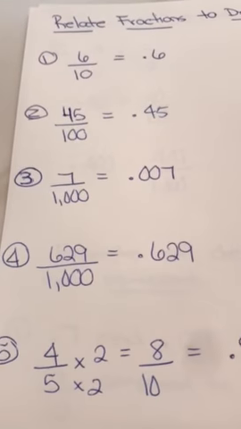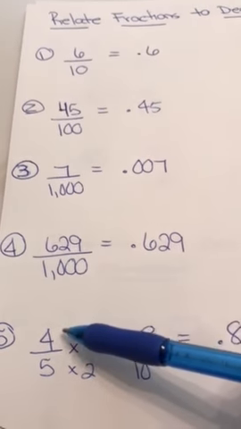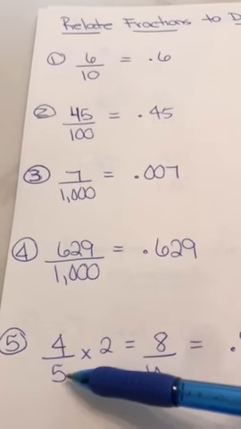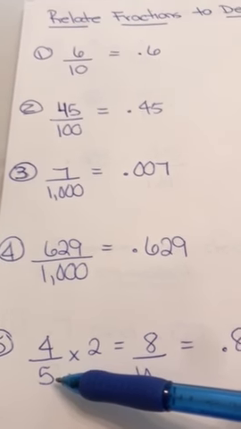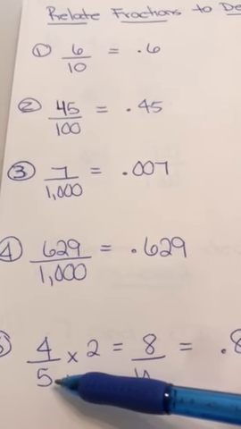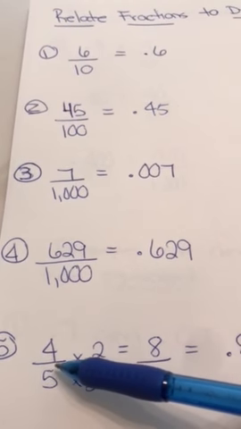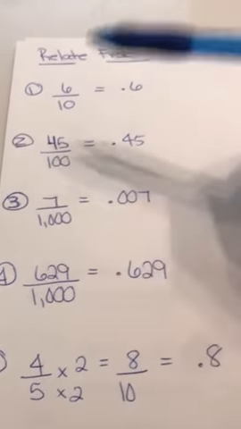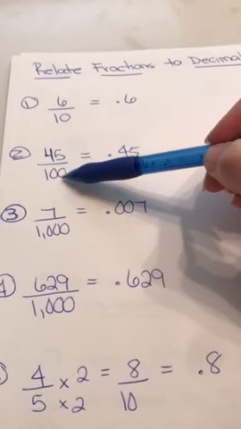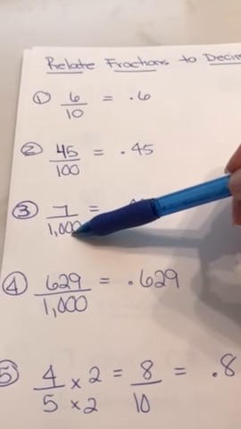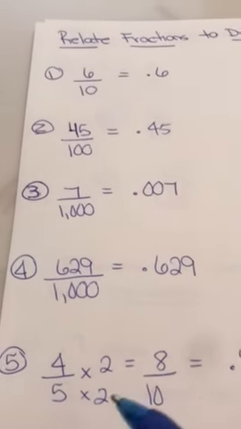For example, let's look at this one. Let's say you have the fraction 4/5, and I want you to change that to a decimal. Well, it's kind of hard to change 4/5 to a decimal when it's in a 5. And all of these up here were in a lovely 10, a 100, and a 1,000. So if that's the case, we have to make it that way.